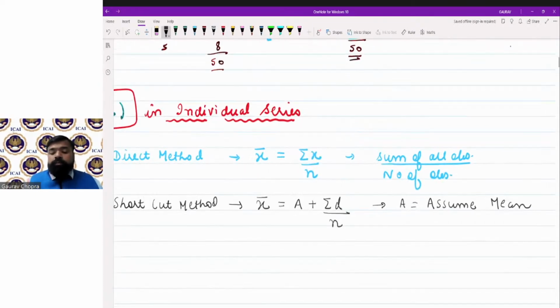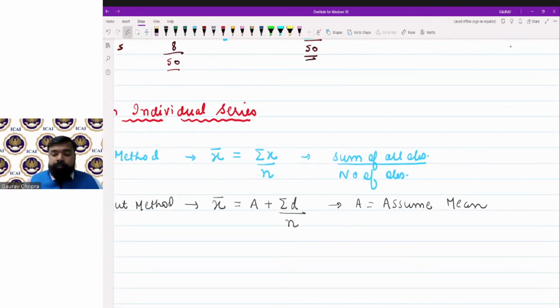We have to assume any value as the mean. So A is the assumed mean, and D is the deviation taken from X. So we can write X minus A. It is D, deviation taken from the assumed mean.